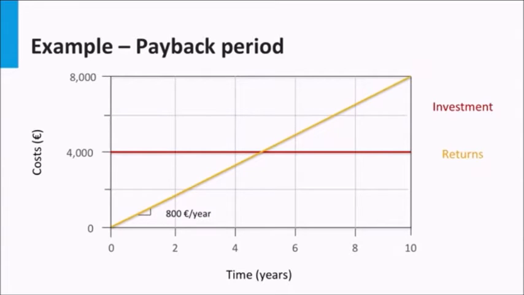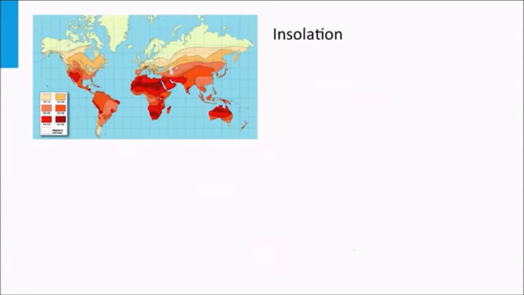As the years progress, the savings accumulate, and there comes a point in time when the accumulated savings are greater than the original investment. The period of time elapsed until that point is called the payback period. In this case, Family Smith's PV system has a payback period of 5 years.